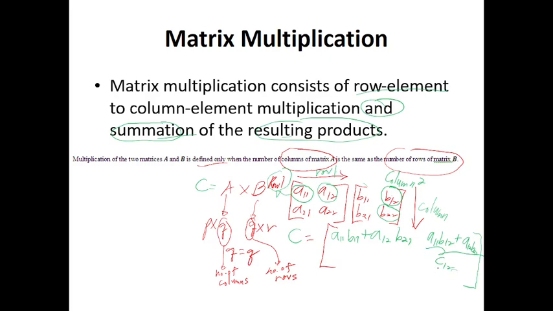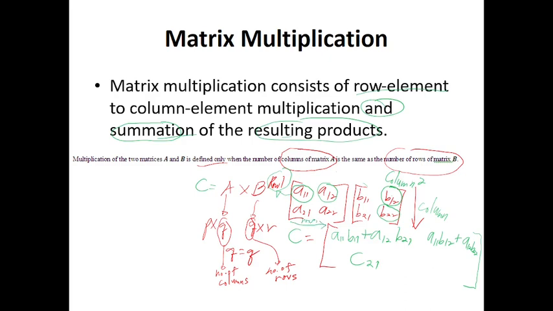O, ano naman yung dito? C21. Second row, first column. Sabihin kung second row, lipat tayo dito. Gamitin natin yung sa row 2.